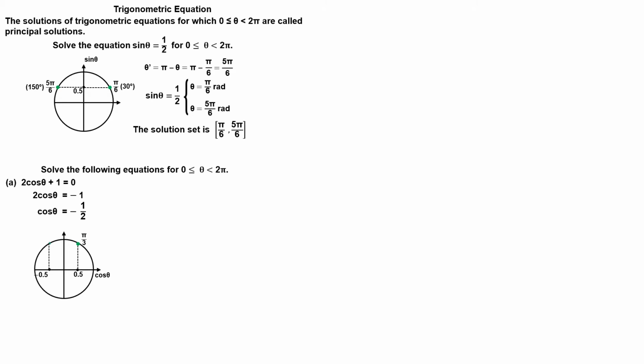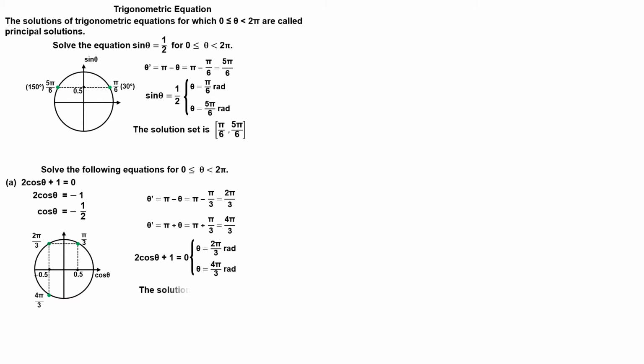So, to find the solutions, we consider the reference angle of pi divided by 3 and we use the appropriate rule in the second and the third quadrants. There are two angles for which cosine of theta is minus 1/2: 2 pi divided by 3 and 4 pi divided by 3.